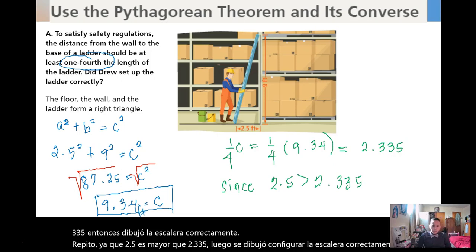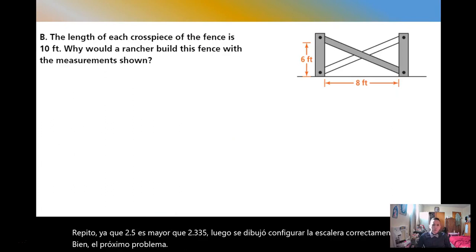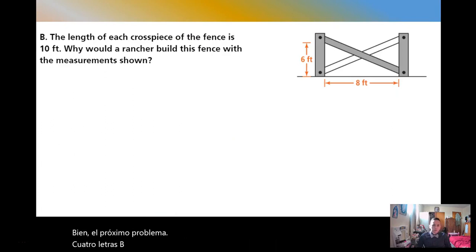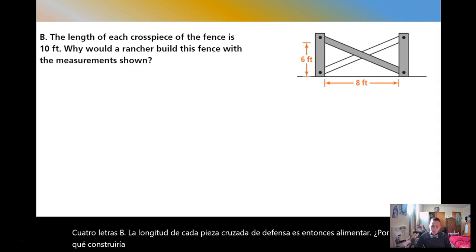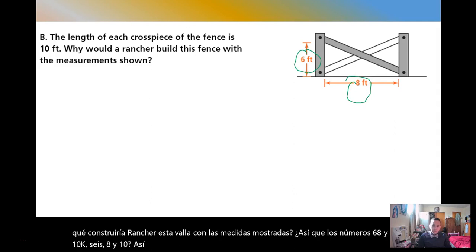Next problem. For letter B, the length of each cross piece of the fence is 10 feet. Why would a rancher build this fence with the measurements shown? The numbers 6, 8, and 10 form a Pythagorean triple.